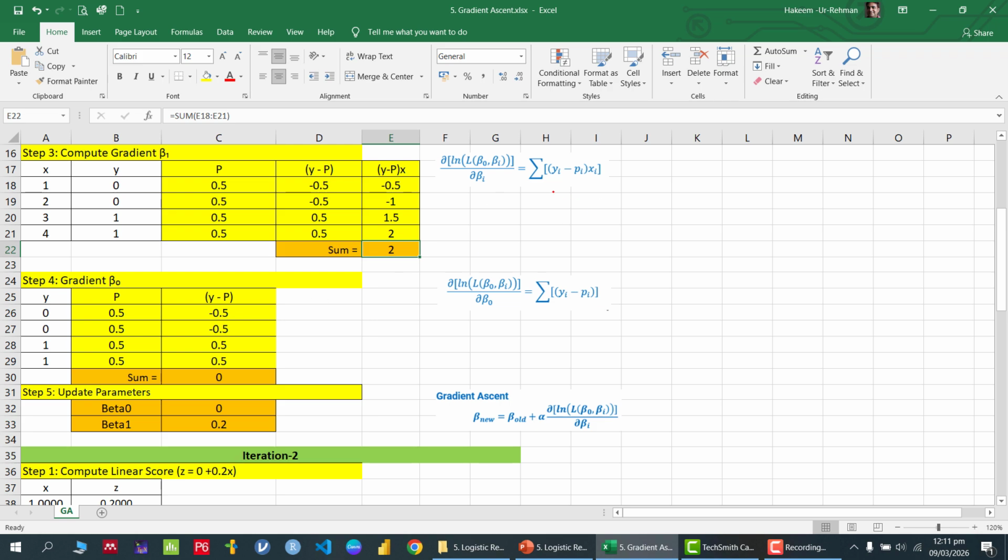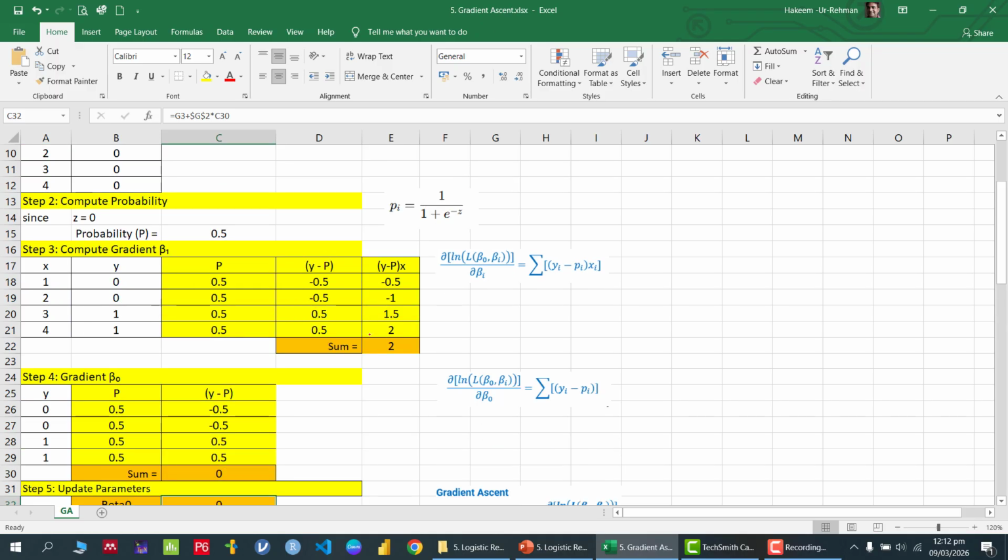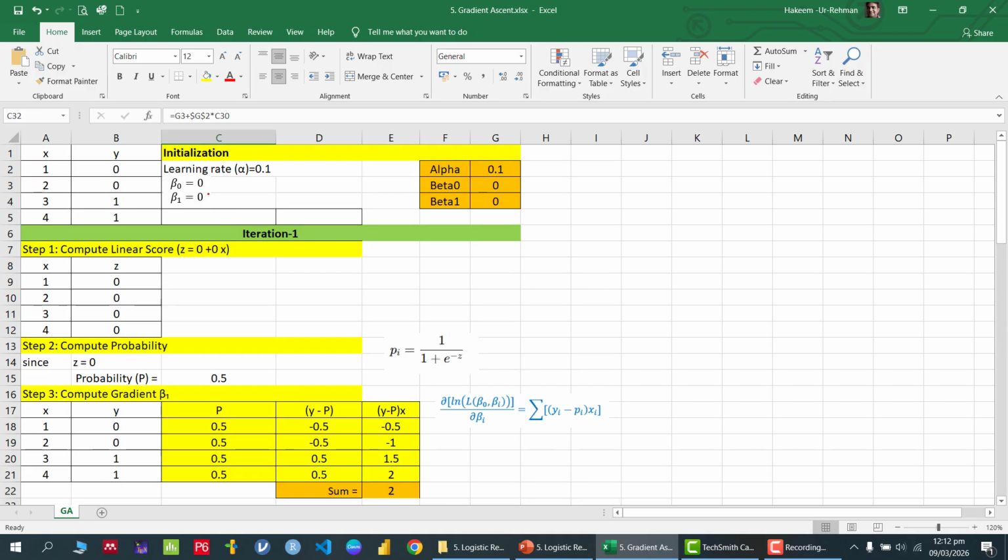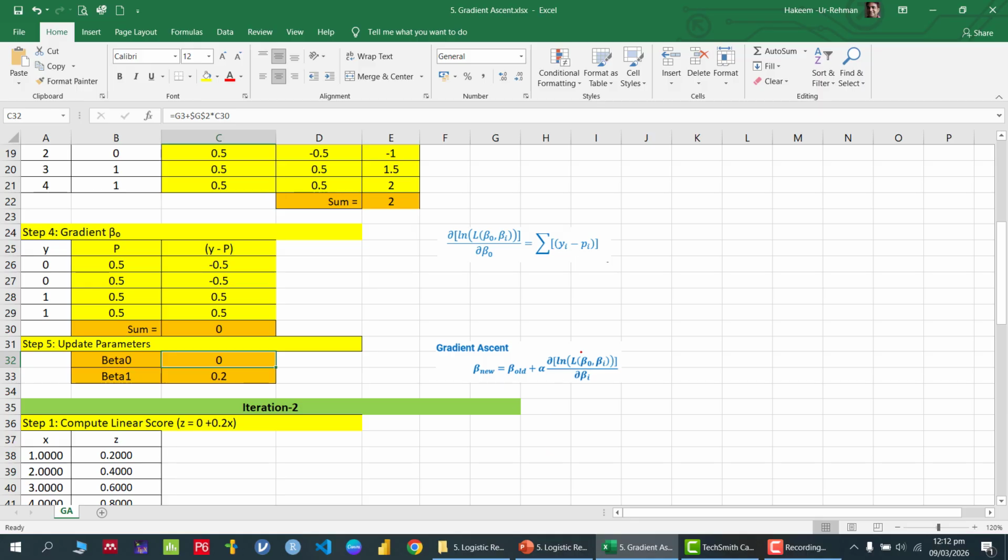Similarly, I am calculating the gradient of beta naught. For that, we have only y minus pi, and if we sum it up, it is 0. So the new beta naught is going to be the old beta naught, which was 0, plus alpha, 0.1, multiplied by the gradient with respect to beta naught, which is 0, so we will get 0.